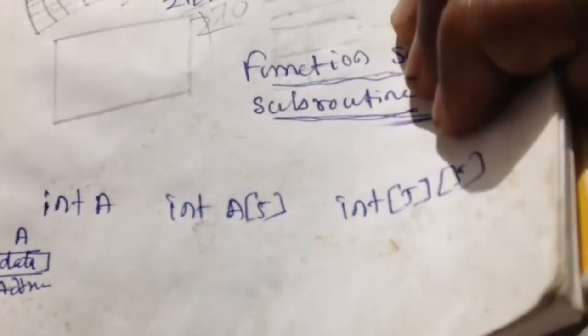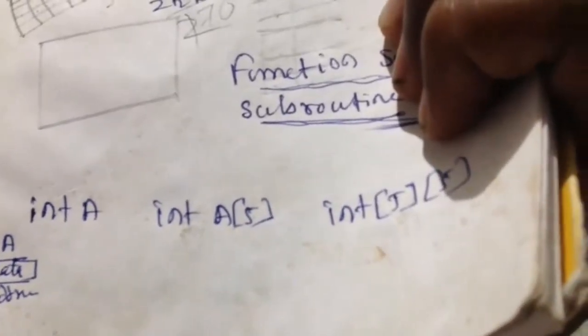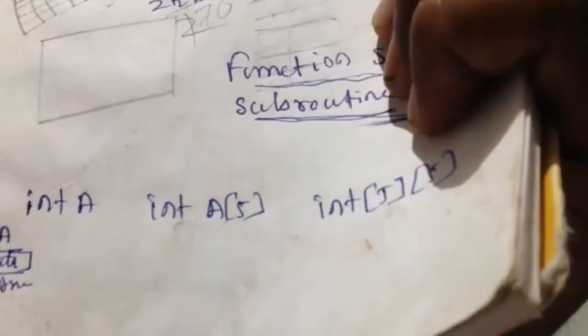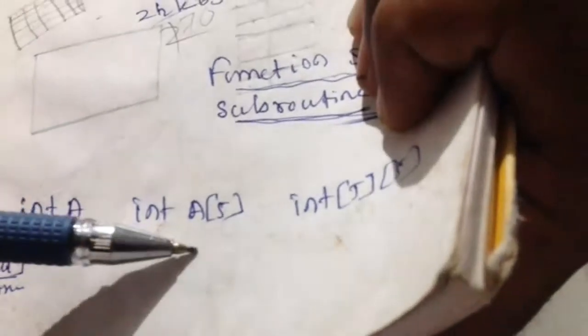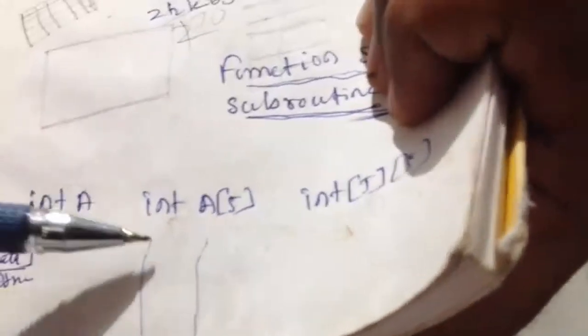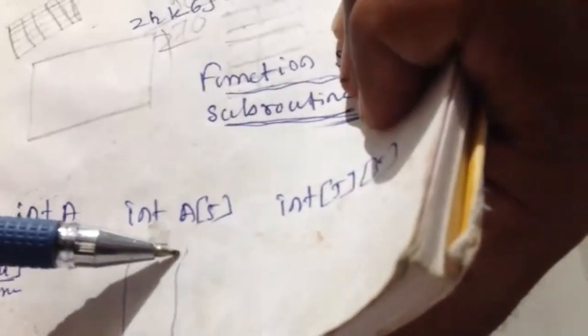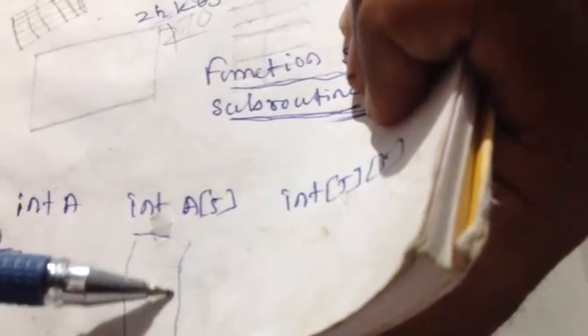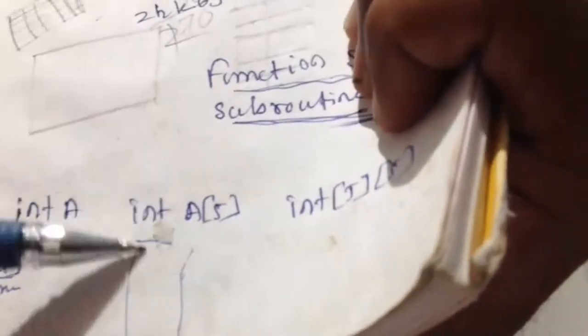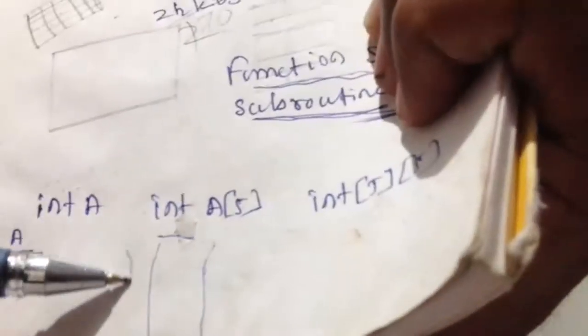Okay, and if I go for this, what happens? Multiple data. It will occupy 5 consecutive memory locations, like this way: 1, 2, 3, 4, 5. The identification is your a, meaning the variable name is a, and here you will have the addresses.